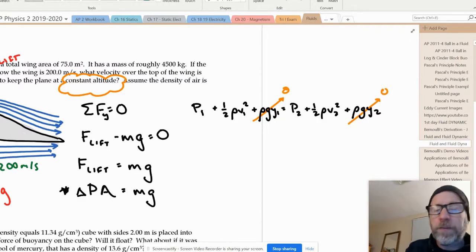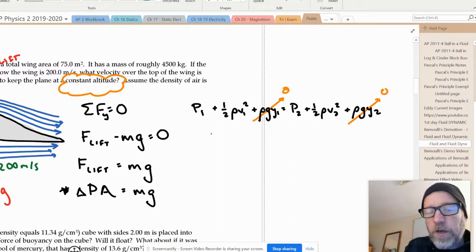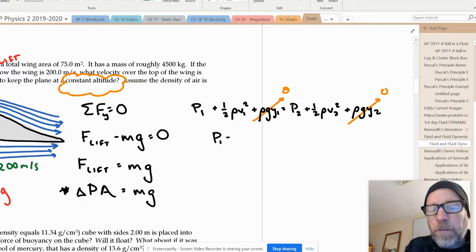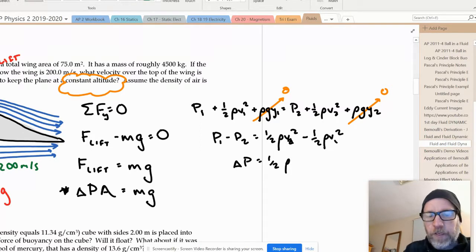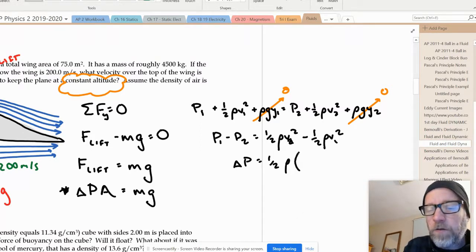Now, if I solve it and get a difference in pressure, so if I say P1 minus P2 equals 1/2 rho V2 squared minus 1/2 rho V1 squared, I get a difference in pressure equal to 1/2 rho times V2 squared minus V1 squared.